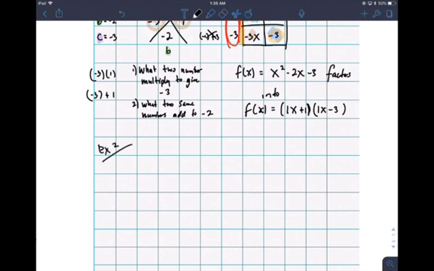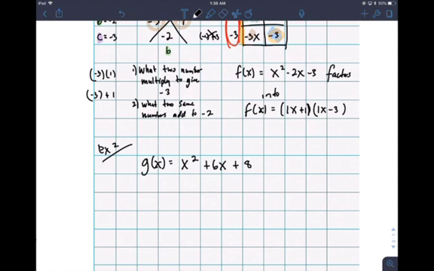So let's say I've got a function g of x is equal to x squared plus 6x plus 8.